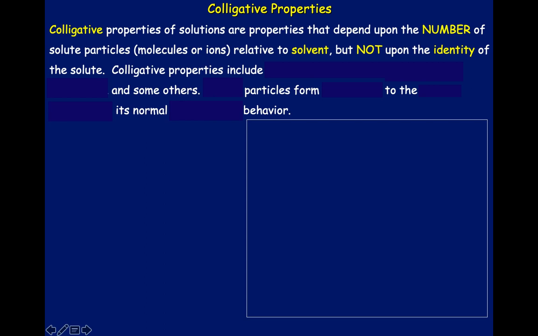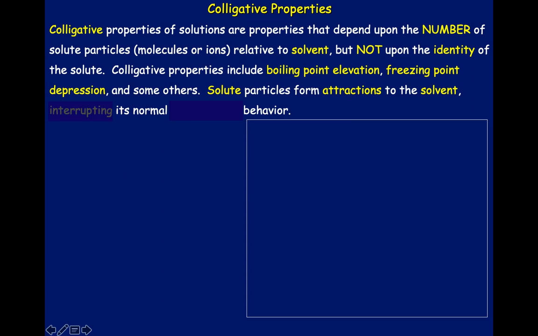Now, there's a few different types of colligative properties. Those colligative properties will include the boiling point, which will be elevated, and the freezing point, which will be depressed, or will have gone down. And there's a few others. Solute particles, from the attractions to the solvent, are going to interrupt the normal phase change behavior of the solvent, and because of that, it's not going to boil and freeze like it normally would if the solute wasn't there.